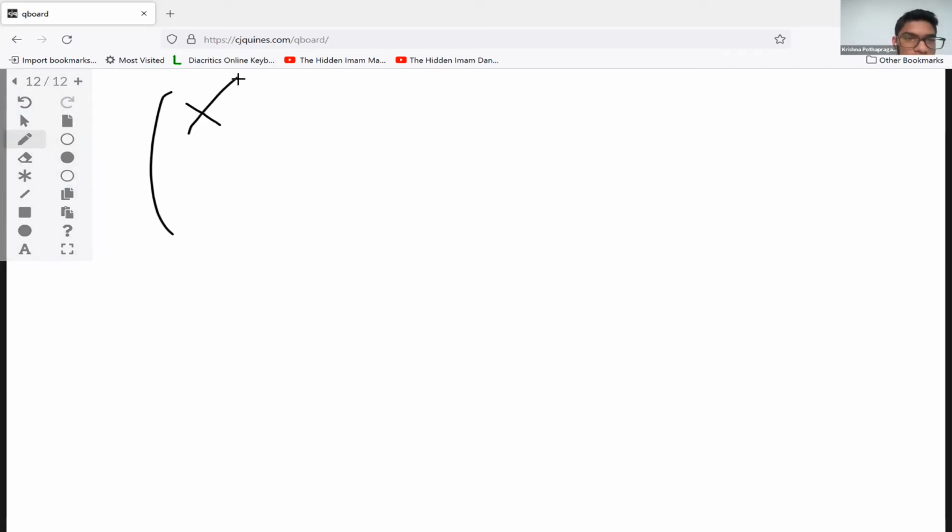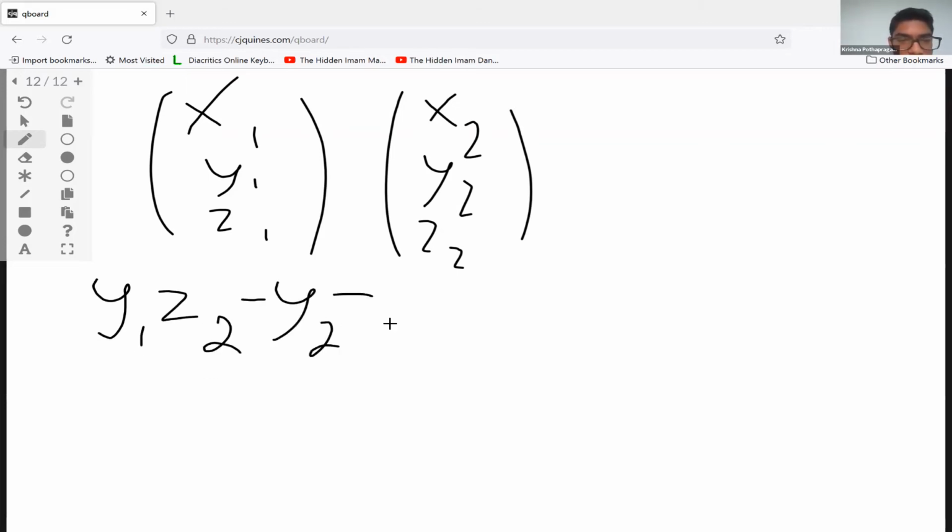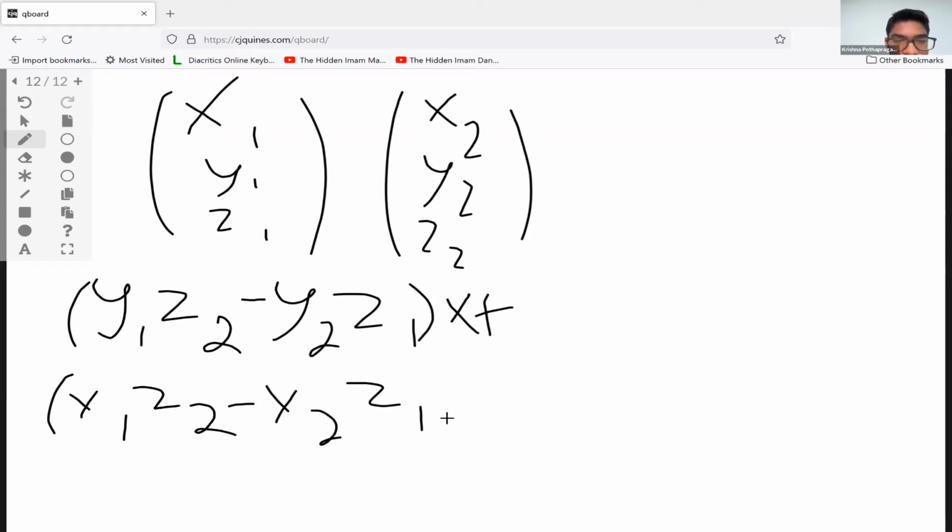Well, the idea that I'll be using is that if we have 2 points, then the line between them, which can be checked by algebra, I think, is like a cross product.